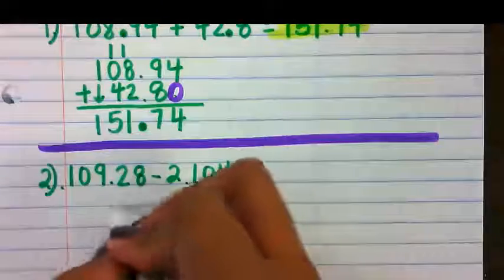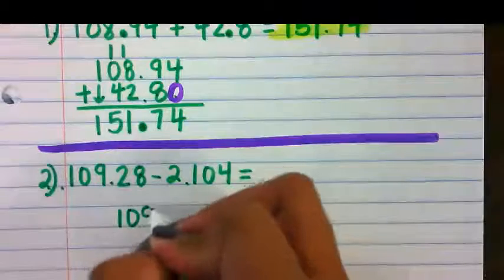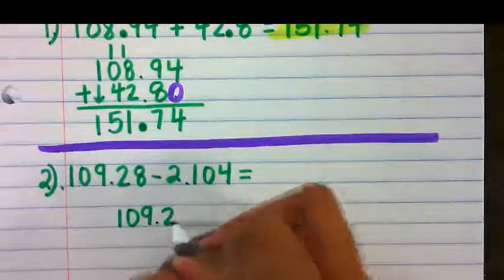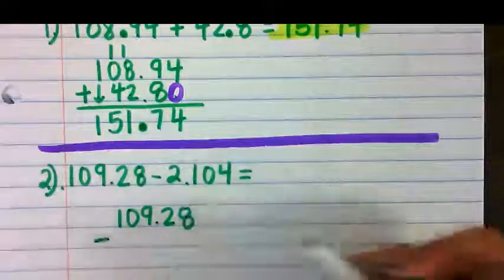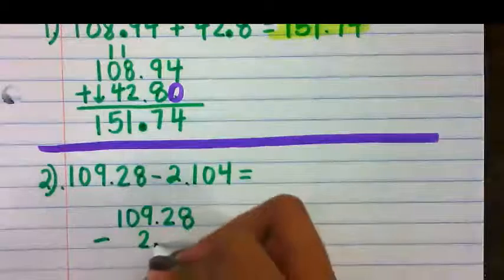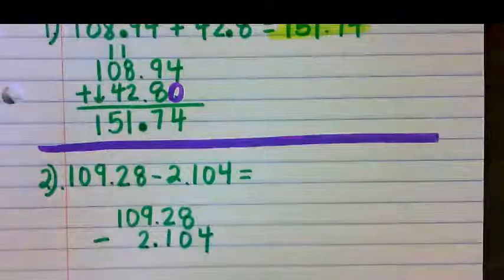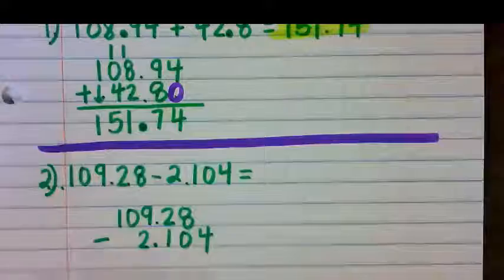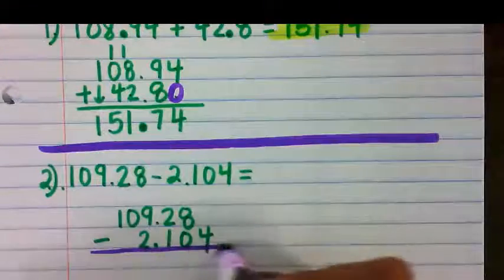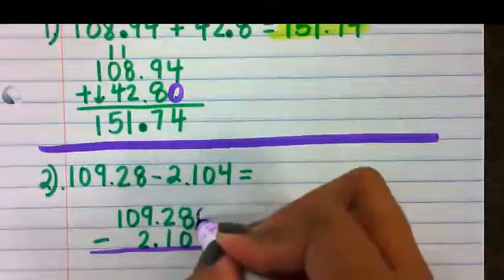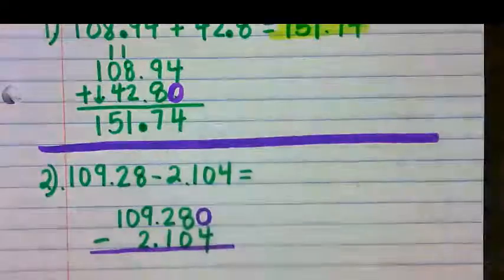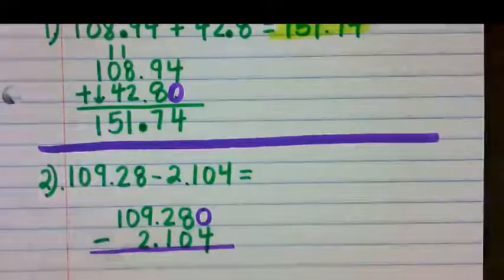So let's start by lining up our decimals. 109.28 minus 2.104. Once again, there's some places where there are no numbers. So I'm going to put a 0 there to hold my place value.